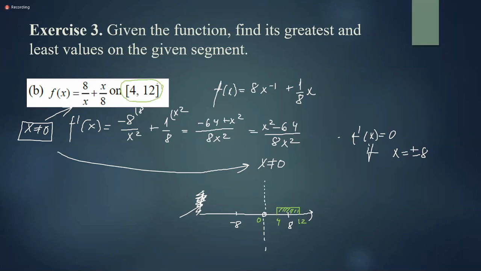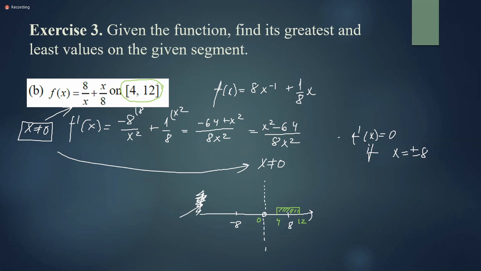Fortunately, 0 is outside that segment, because if we have an interruption point in the segment, then this method doesn't work. This whole idea is absurd, because then inside the segment we reach infinity. So we cannot really find the greatest or least value.